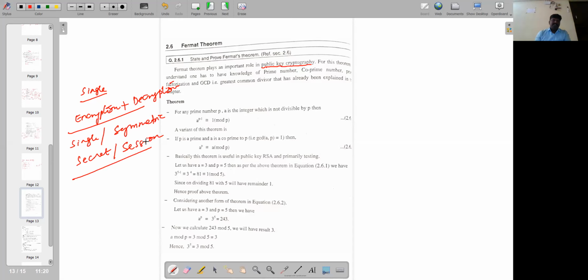In these cases, the same key is used for both encryption and decryption. Public key cryptography is completely different from single key or symmetric key encryption. It is also called asymmetric key encryption technique.